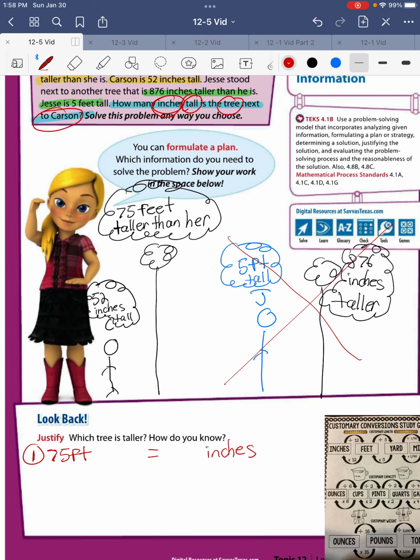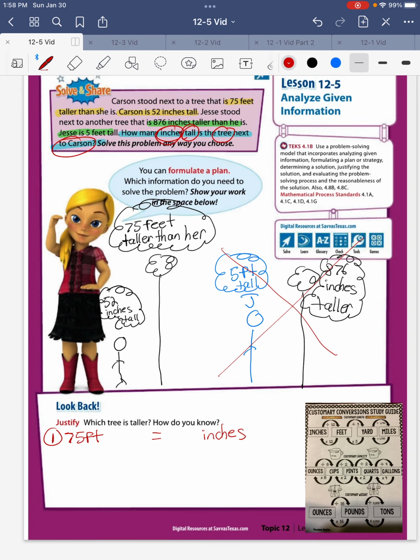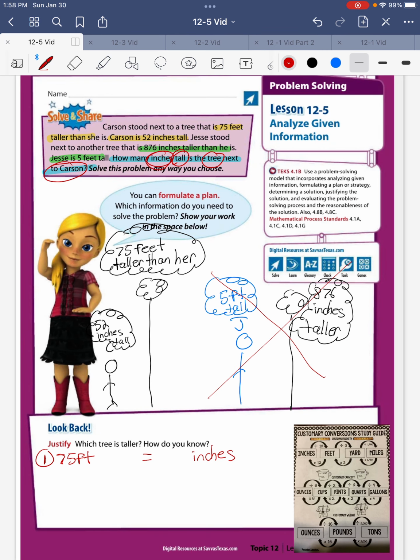Remember earlier this week, we talked about how on a regular ruler, 12 inches equals 1 foot. This is very important. On a ruler, 12 inches equals 1 foot. So I could multiply 75 times 12, but let's just double check.